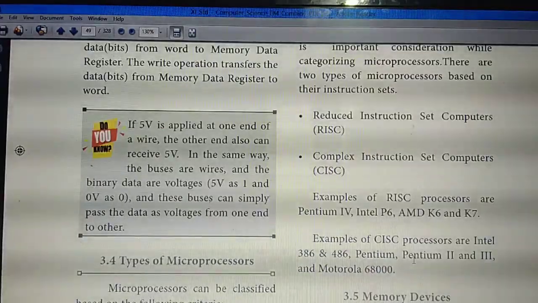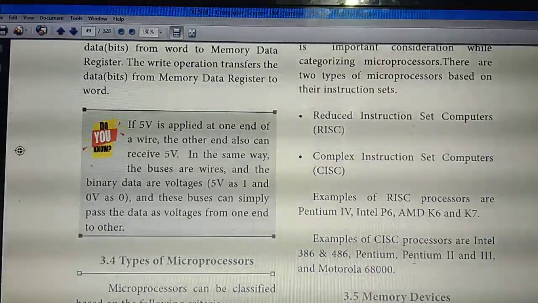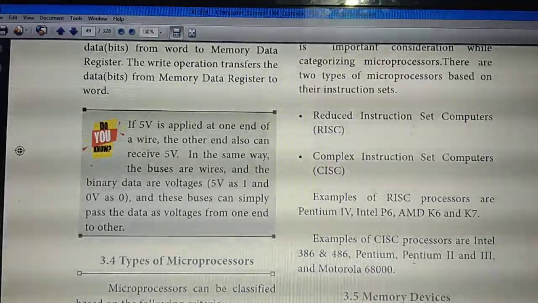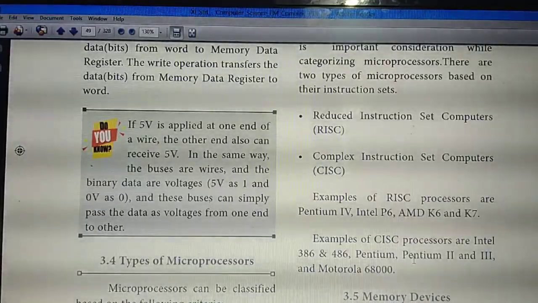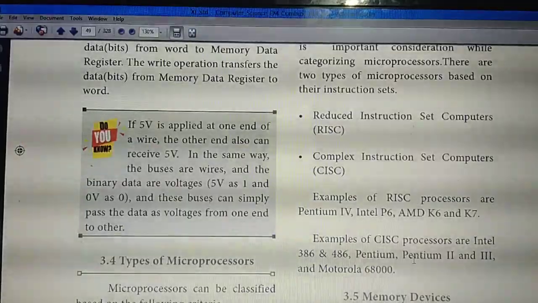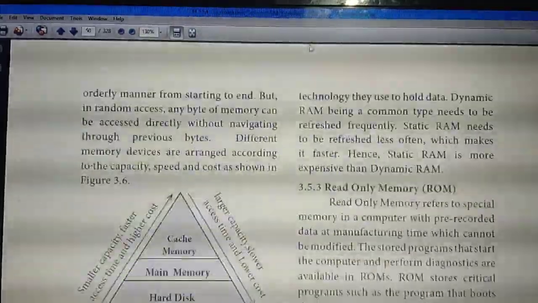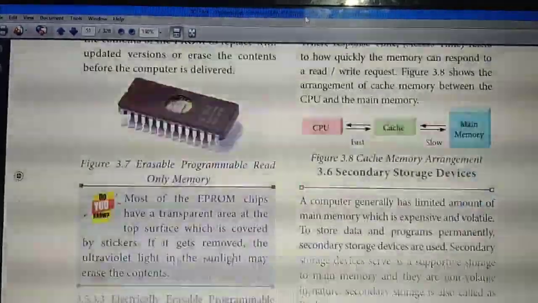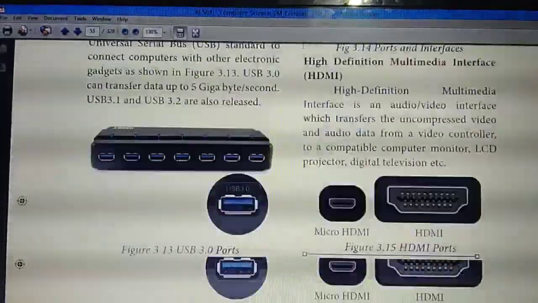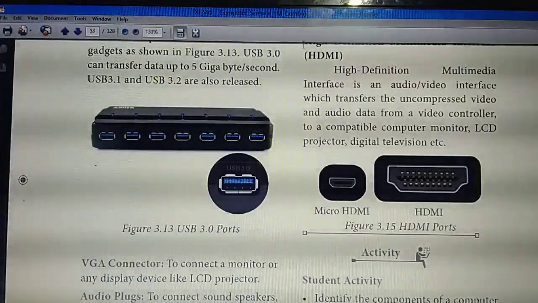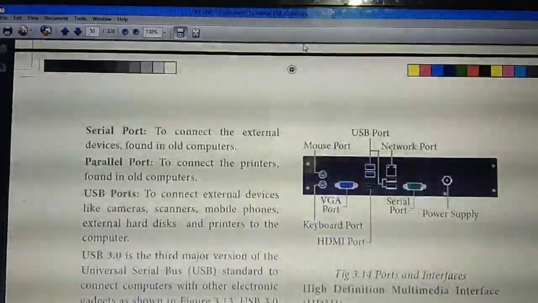Next one: write down the interfaces and ports available in a computer. Take page number 47.